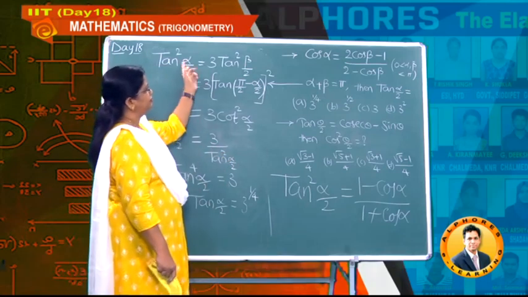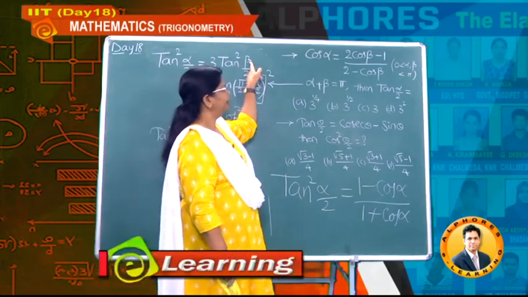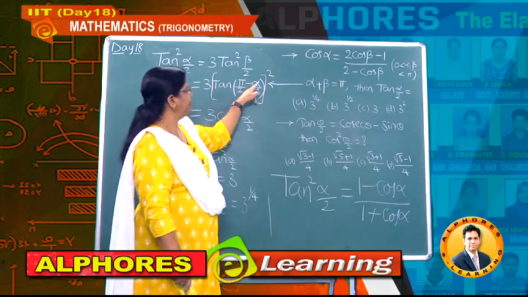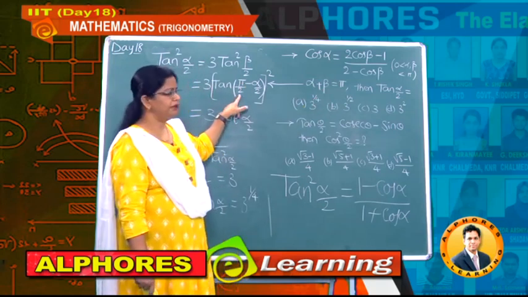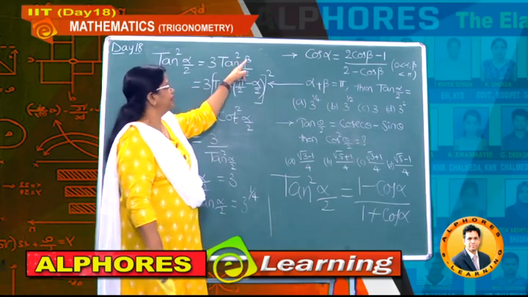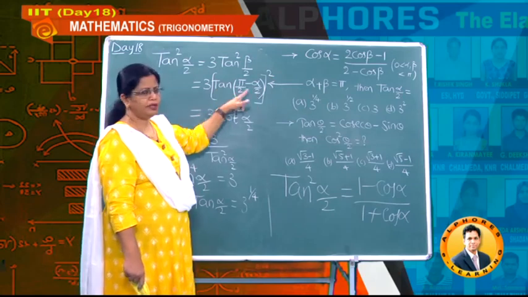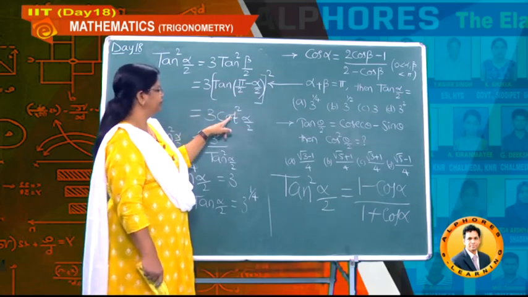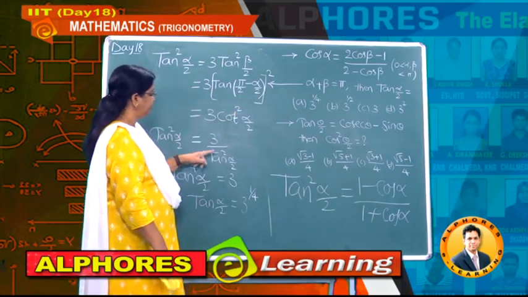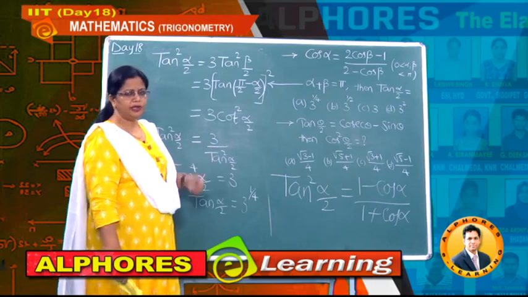After application of the formula, this beta we substituted as pi minus alpha by 2, so we split the fraction: pi by 2 minus alpha by 2, and square is there, so here square. Now tan of 90 minus alpha is cot, so square, and on this side you have tan, the requirement is tan, therefore we have taken 1 by tan square, and thereby you got tan to the power of 4.